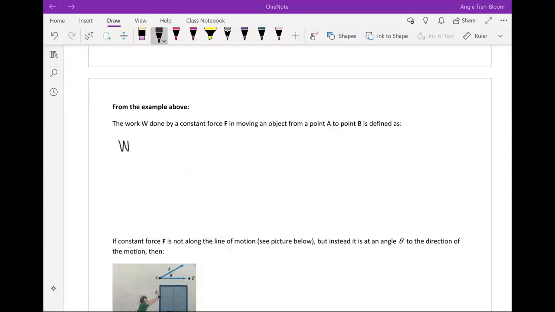So the work, they use W, is, I'm going to spell it out, the magnitude of force times your distance.